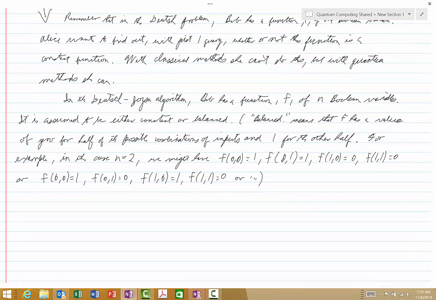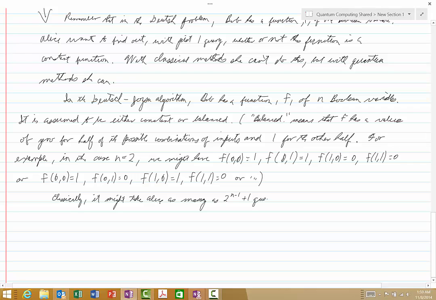So let's put it like this. Classically, it might take Alice as many as 2 to the n minus 1 plus 1 queries to determine if the function is constant or balanced.